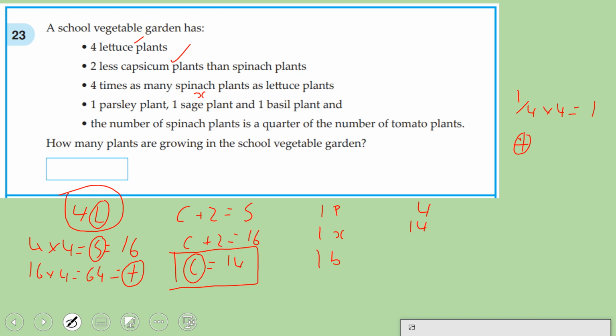So we've got lettuce, and we know how many spinach there are. There's 16. We've got 1 parsley, 1 sage, 1 basil. 1, 1, 1. We'll just call that 3. Number of spinach plants is a quarter of the number of tomato plants. So there's 64 tomato plants.